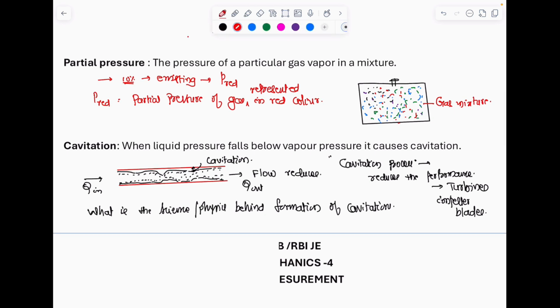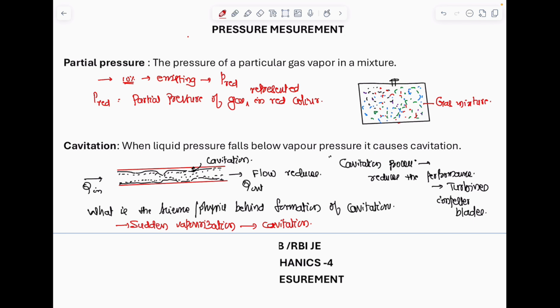The drop in the liquid pressure causes a sudden vaporization because the equilibrium is lost.